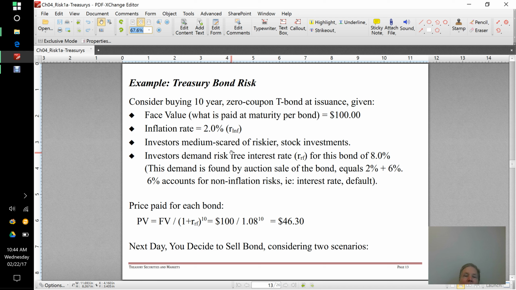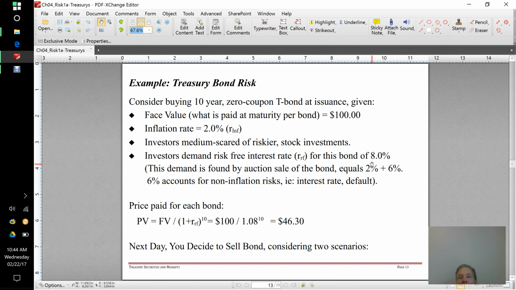Okay. So given all that, the Treasury auctions off these contracts, these bonds in the marketplace. And what they find when they do this auction is that investors demand a risk-free rate for this bond of 8%. So the Treasury, of course, doesn't set the risk-free rate. The marketplace sets the risk-free rate. How did that RRF of the marketplace get found?